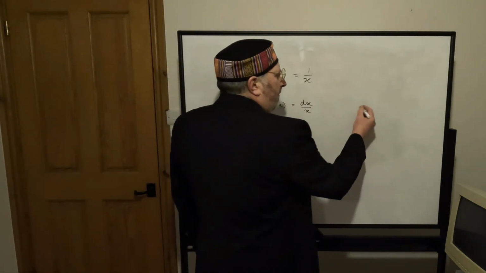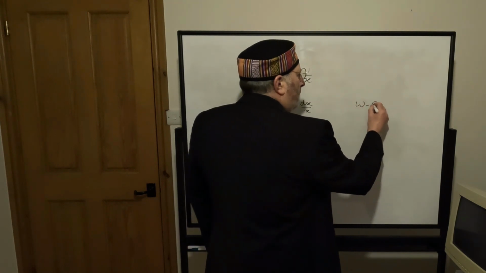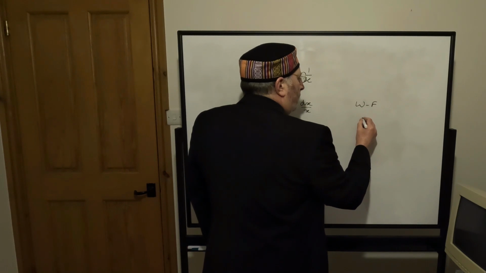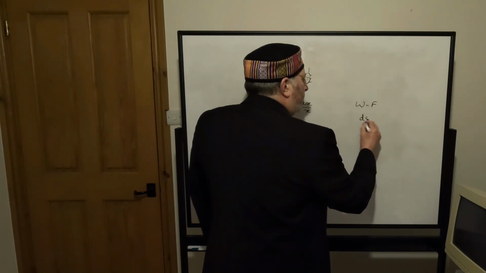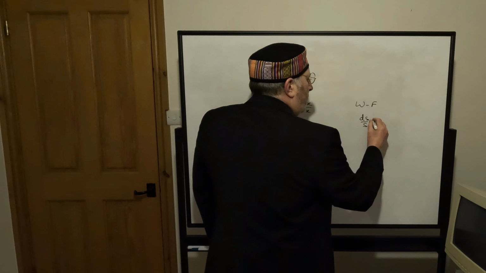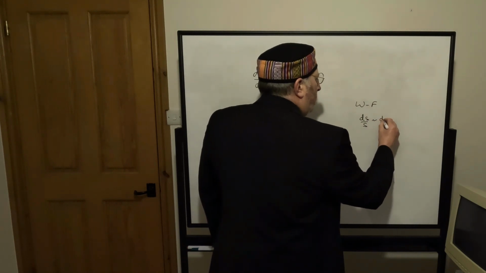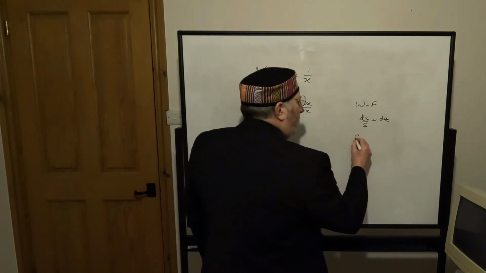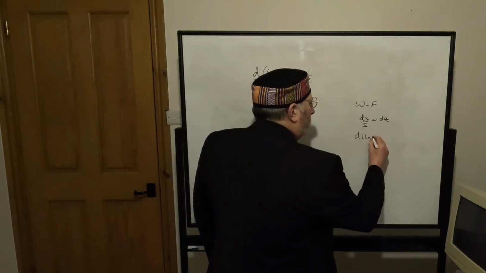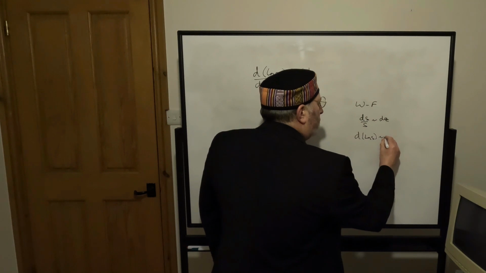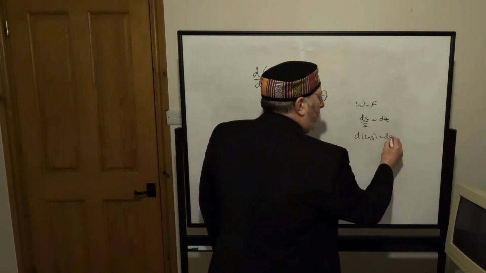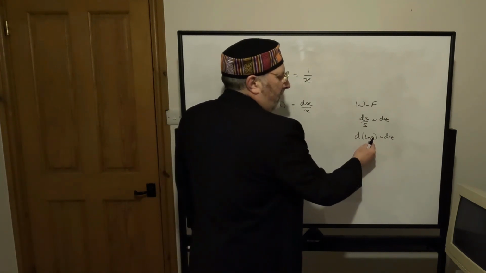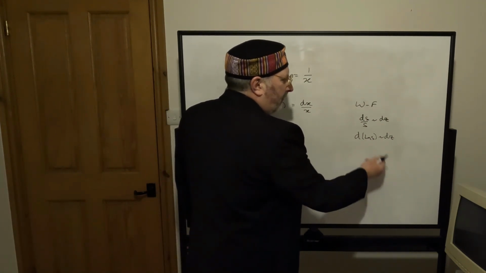So for example, in our Weber-Fechner law, we had ds over s is proportional to dz. And we could have written that as d of log s is proportional to dz, which kind of makes sense because we found that z is proportional to log s.